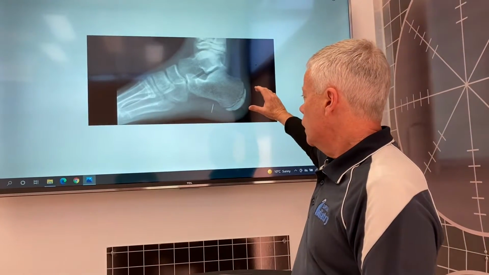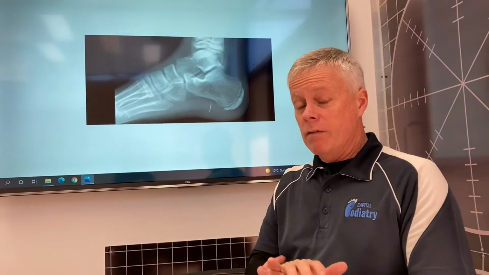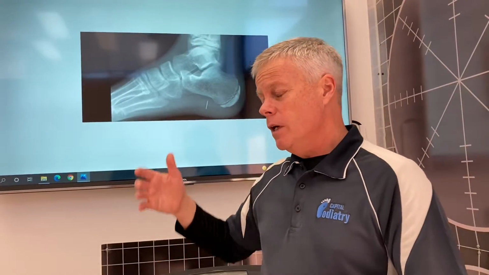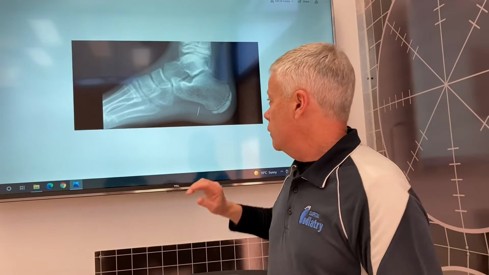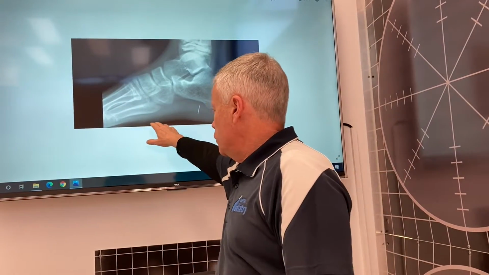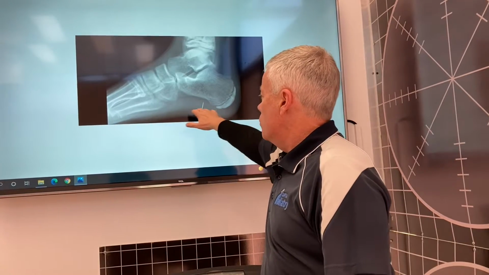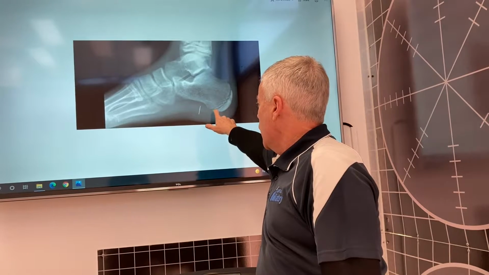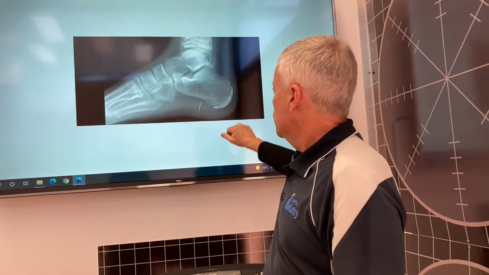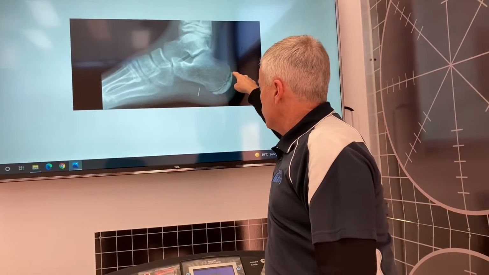Now, in a child who's 10 to 12 years of age, they typically have a large range of movement in their feet. So they're running around, the feet are rolling in a lot, rolling out a lot, which is totally normal. But what you can have is a band of ligamentous type material called a plantar fascia, which runs along the bottom of the foot and anchors back here. Now at the same time you have an Achilles tendon which comes down the back of the leg and anchors up the top here.